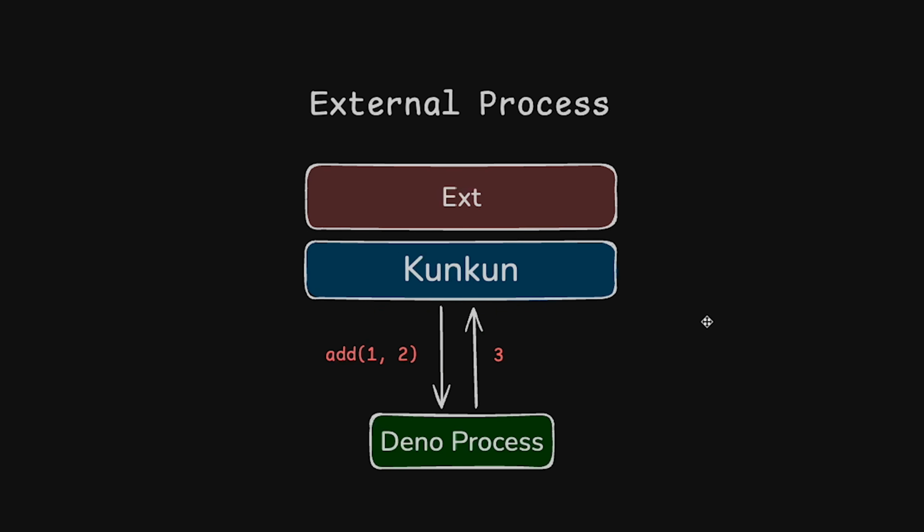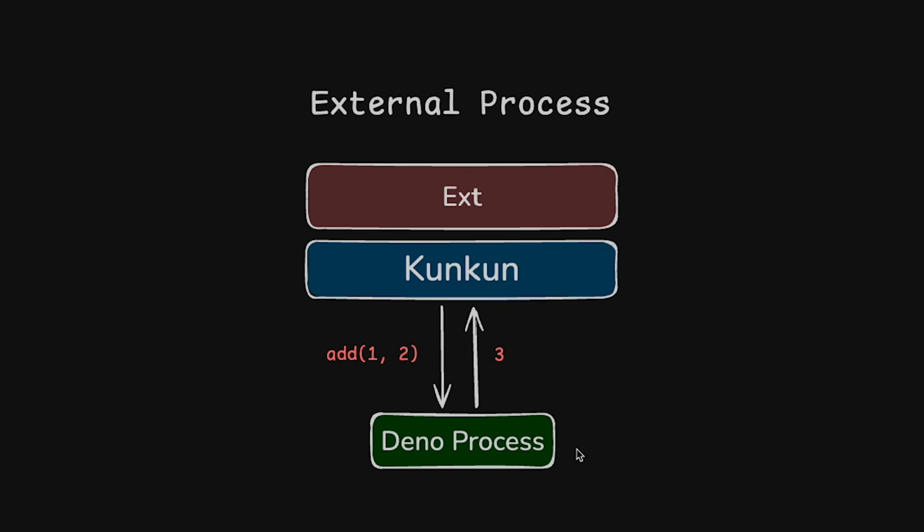Extensions running within a browser environment suffice for many use cases, but some require more power and resource-intensive features. Let's say addition is a resource-intensive task, and you can run it in a separate process. It can be a Deno process, Python process, Node.js process, or any other runtime. Deno is an alternative runtime.